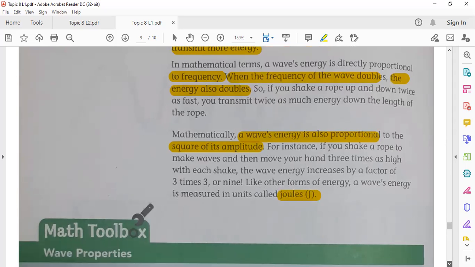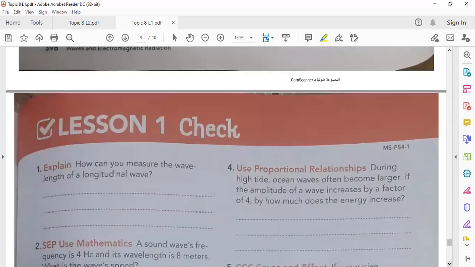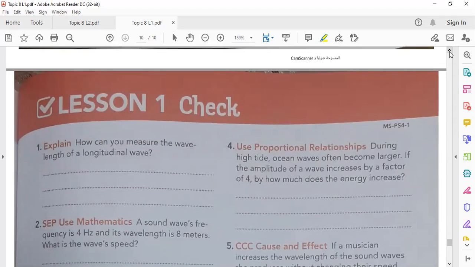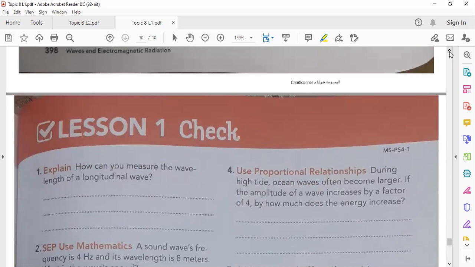That's everything about this lesson. Let's go to lesson 5 from the previous topic. Wait a minute please.